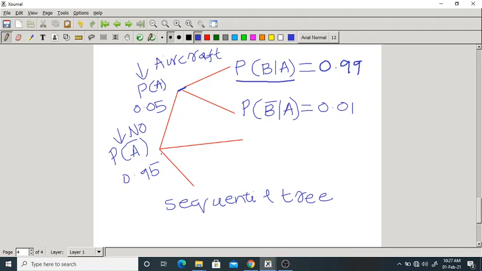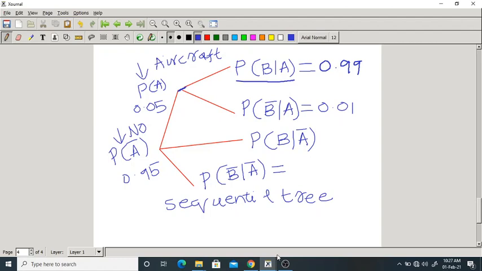In the second case also there are two possibilities: the probability of B given A complement, and the probability of B complement given A complement.